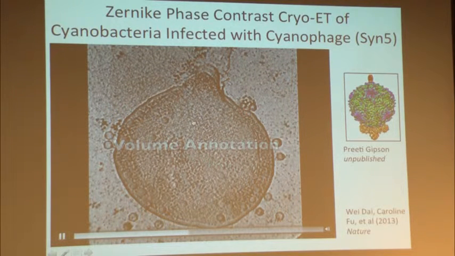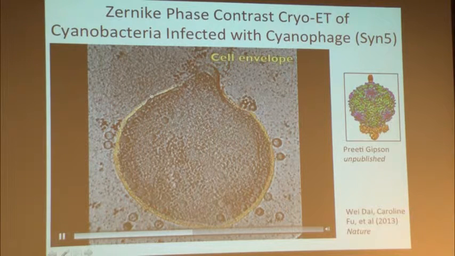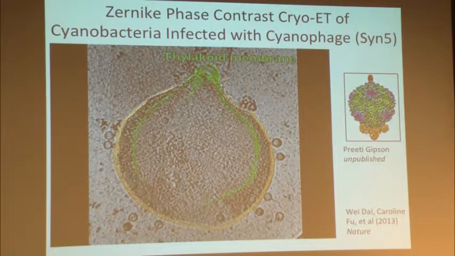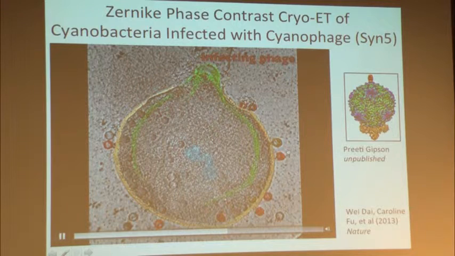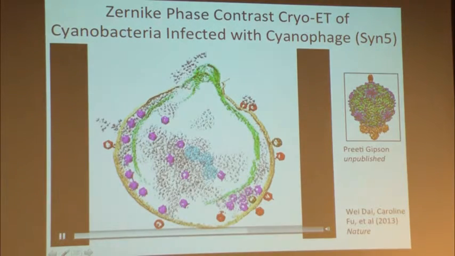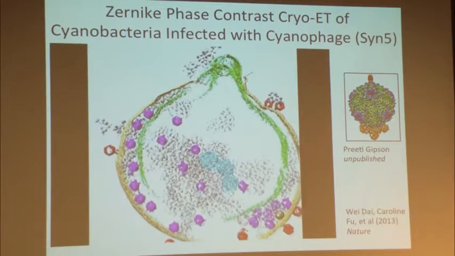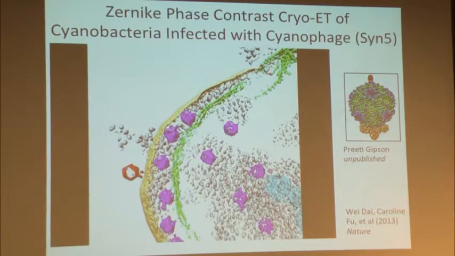So here, for example, are the outer membrane, the cell wall and the inner membrane of the cell. The green one is the thylakoid membrane, and the blue one is the carboxysome, as I mentioned a while ago. There are plenty of ribosomes in here, and there's one vesicle out here, and the red ones are the infecting phage particles, and then there are other phage particles we call the progeny, the newly synthesized phage particles. They can all be seen in one tomogram.